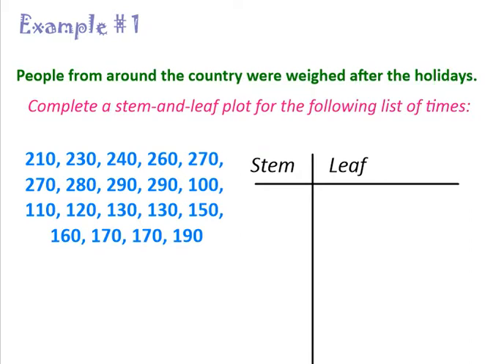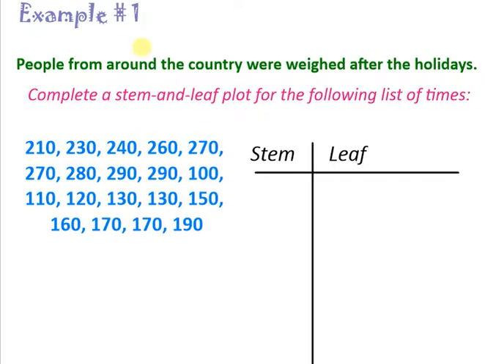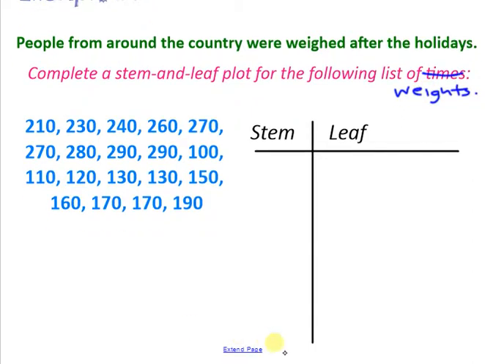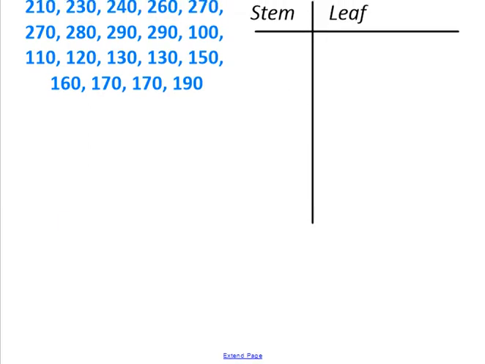So let's go ahead and do a first example. People from around the country were weighed after the holidays. So we're going to complete a stem and leaf plot with the list of the following weights. Let's try that again. Okay. Now, the first thing that we need to do is go ahead and order these numbers.